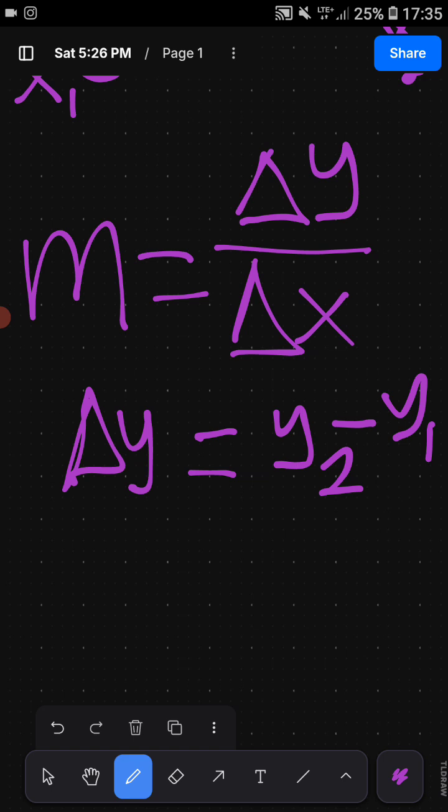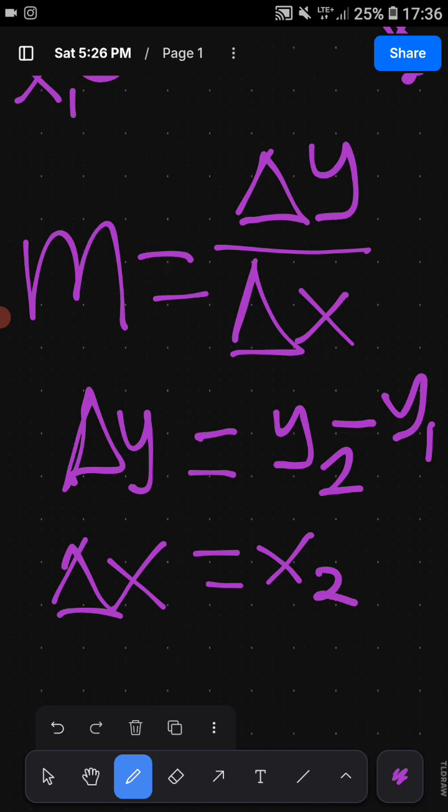And in a similar way, the change in the horizontal side, that is delta x, is equal to x2 minus x1.